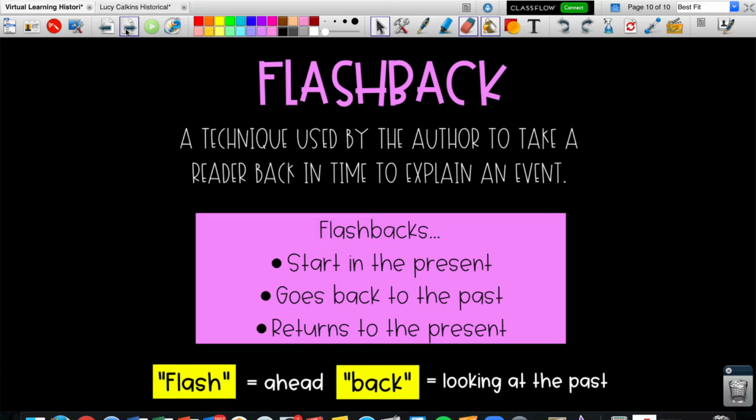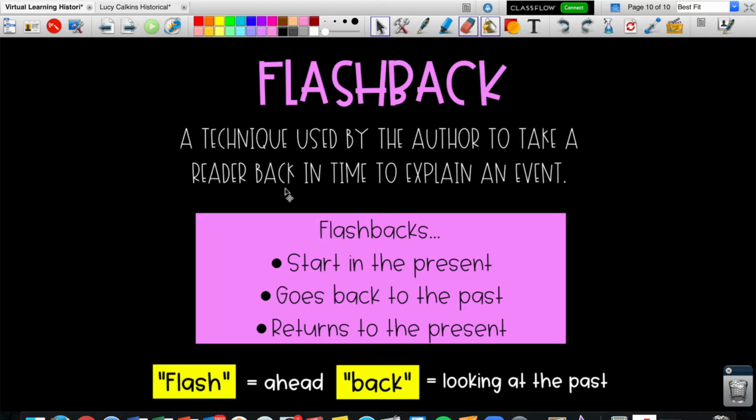As I was preparing for this lesson today, I kind of went through some clips, and Inside Out has flashbacks. Toy Story has a flashback. Trolls has a flashback. It's when the events of a book or a movie all of a sudden go back in time to help explain something that is currently happening.